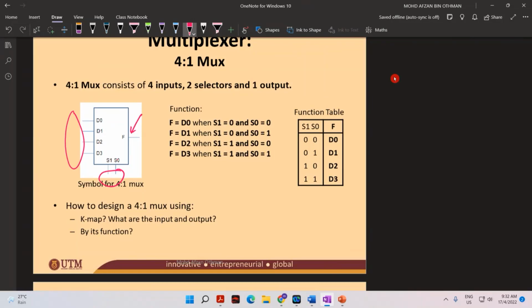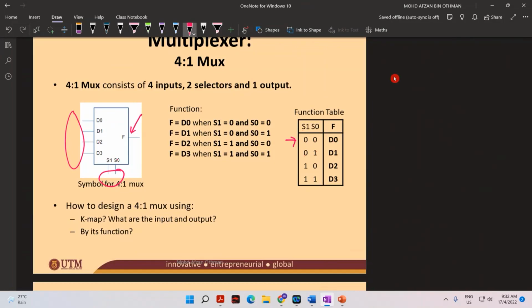Okay, tengok sini kat function table, bila S1, S0, 0, 0, output coming from D0. Bila S1, 0, S0, 1, the output of F coming from D1. When S1, 1, S0, 0, the output coming from D2. When both S1 and S0 are high, the output coming from D3.